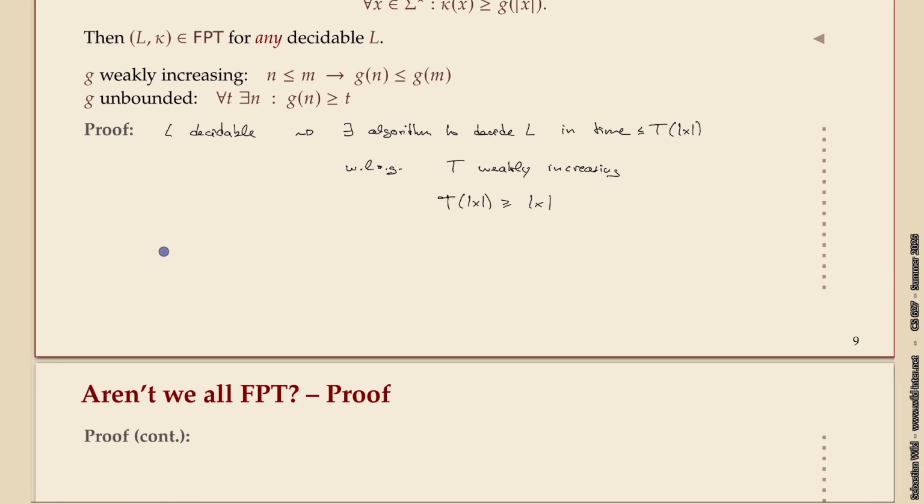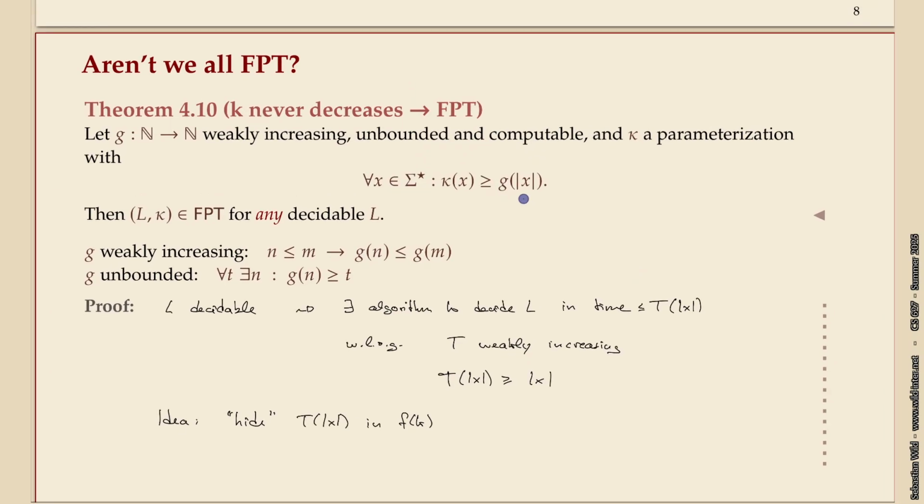Now the proof will essentially try to hide this arbitrary running time t in the parameterized part of the function, this f of k part, right? Now the question is how to do this, because all we have is this requirement that the parameter is at least this function g, which, let me stress this again, g could be a reasonable function.